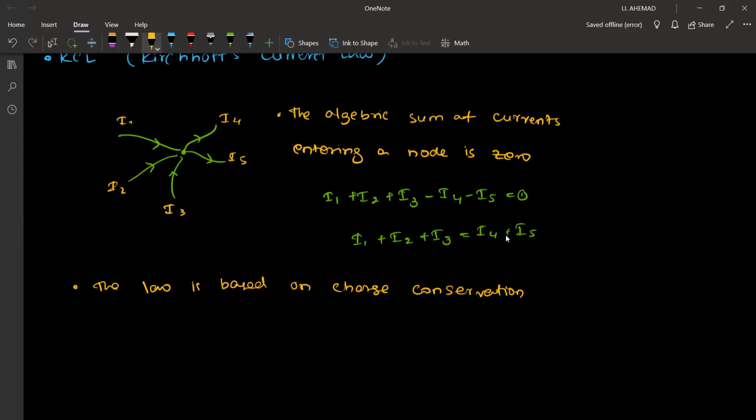We know that current is charge. Here we use positive and negative, right? So it's simple.